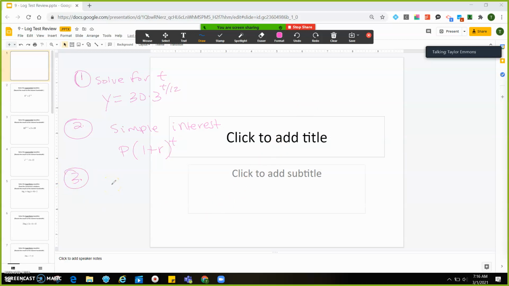The next question is going to ask you about solving something that looks like this. And they're going to say solve for v. So basically, you're either solving for the solution or you're solving for your exponent.